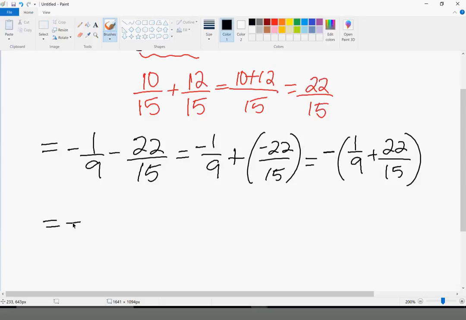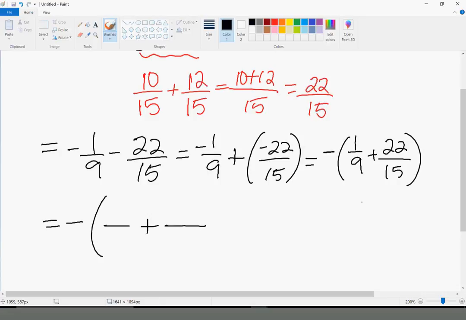Okay, so in order to add fractions, we have to have common denominators. So remember I said you could just multiply the denominators. Let's think about it a little bit more because I don't think we want to get those big of numbers. So let's see, 9 and 15. Think of multiples of 15.